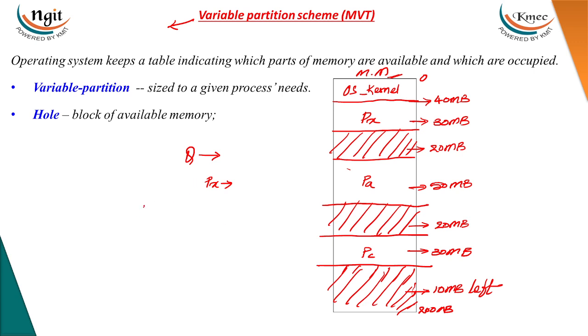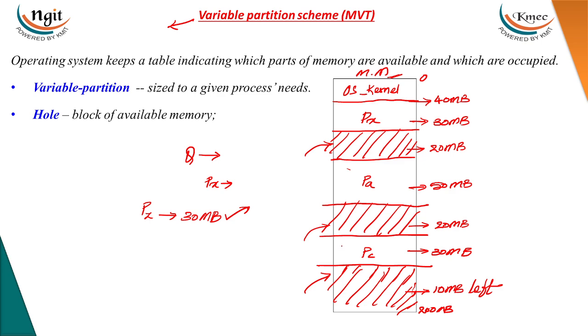Now a process PZ comes with a main memory requirement of 30 MB. But what do we have? We have 20 MB free here, 20 MB free here, and 10 MB free here.